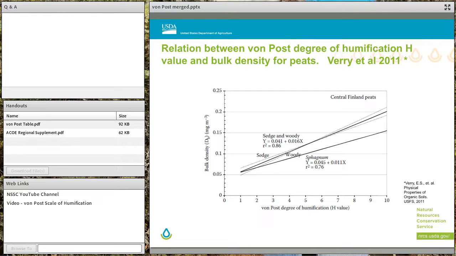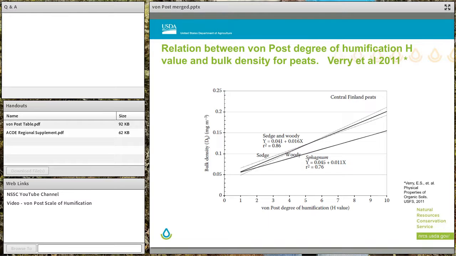So let's look at some of the applications. This reference is also the book that Mike mentioned. It's a very good publication on organic soils by the Forest Service, and it was done at their experiment station in Minnesota. So they looked at the relationship between bulk density and Von Post value.